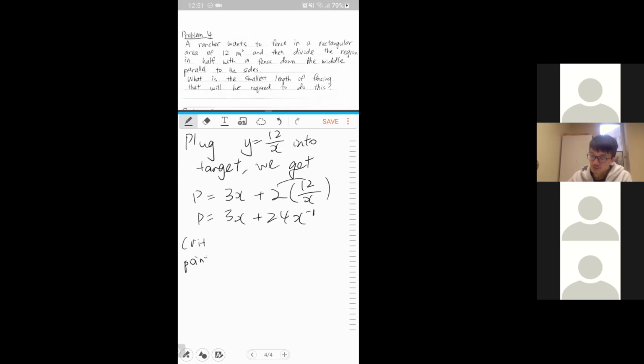And so you take the derivative, three minus 24x to the negative second. Does it have any undefined points?